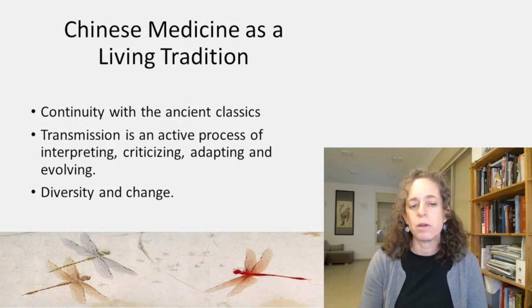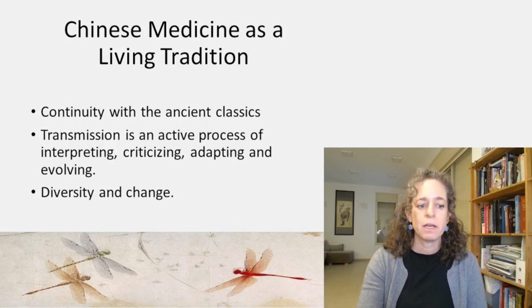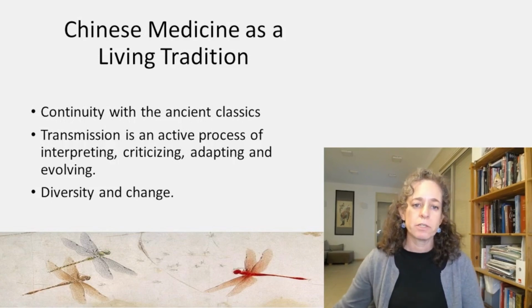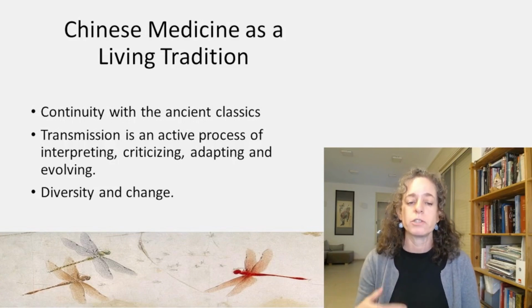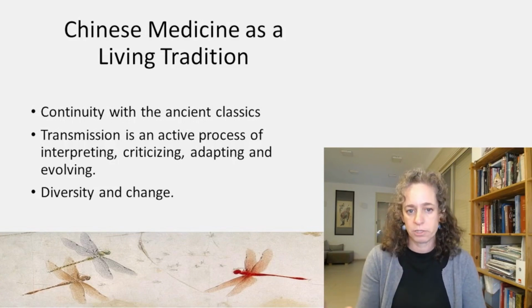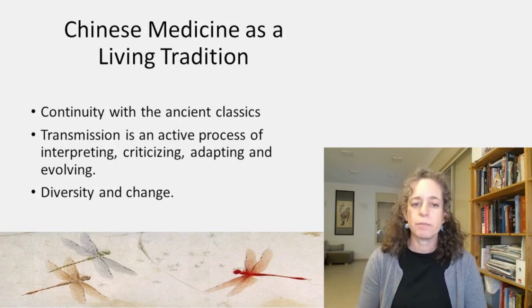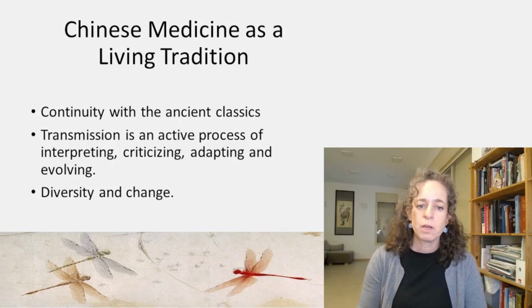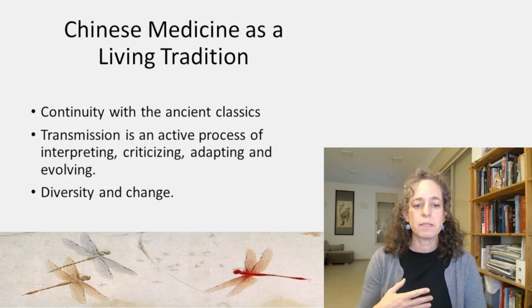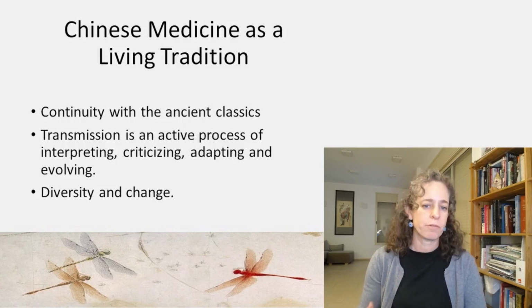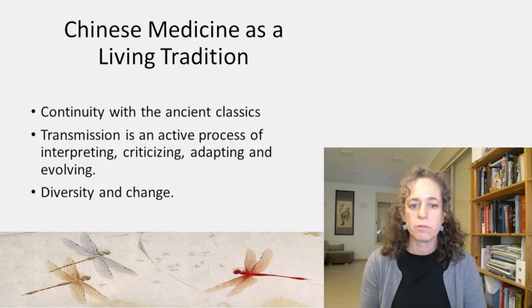So now we go to the first point of the slide. To define yourself as an ancient tradition, you of course have to have some ancient origins, and you have to stay in touch with these origins. Now, in the case of Chinese medicine, we have the Neijing, the Nanjing, the Shanghan Lun. These are all texts that were written in the first and second century, and we continue to draw insights and inspirations from them.